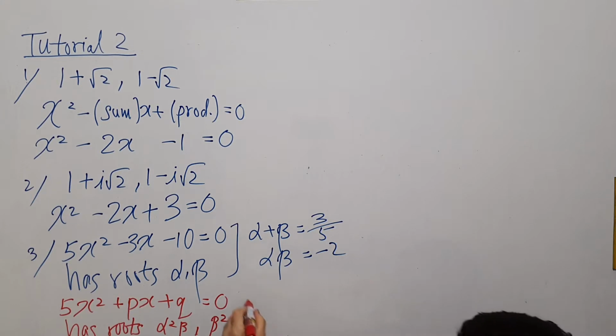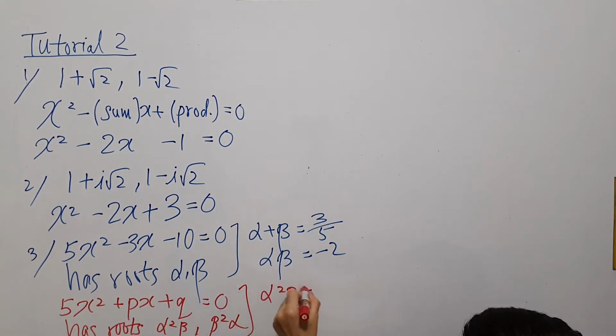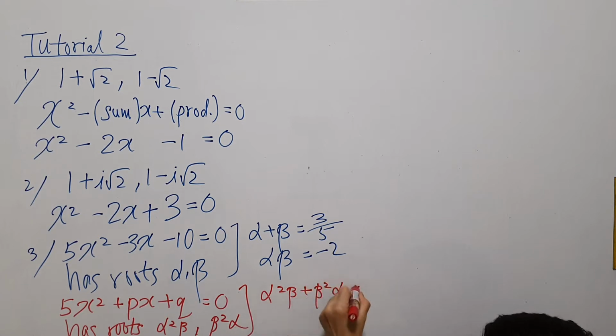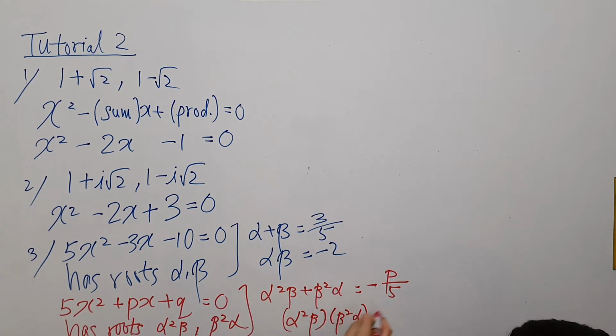The sum of the roots, alpha squared beta plus beta squared alpha, is equal to minus p over 5, and the product of the roots is equal to q over 5.